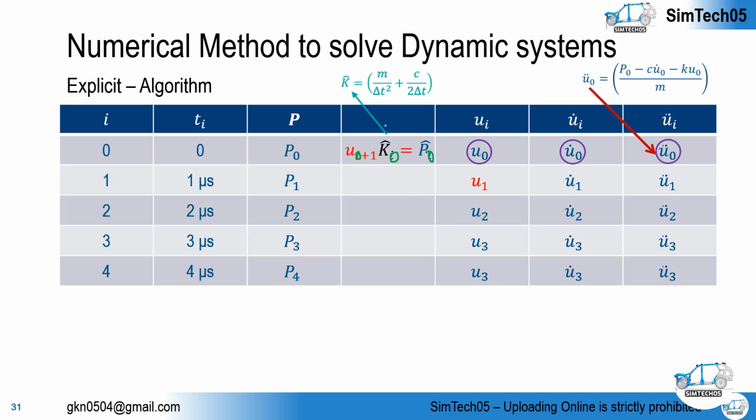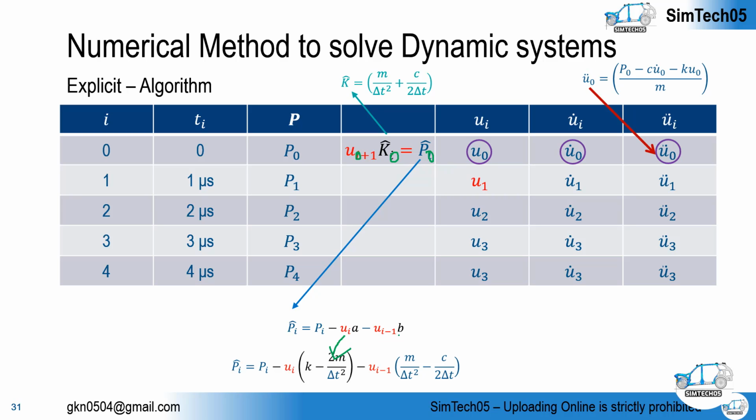Of course, this K cap term, as we know from the previous slides, can be given by this formula, and this P cap, hope you remember, can be given by this formula, and here this one is the A term and this one is the B term. Okay.